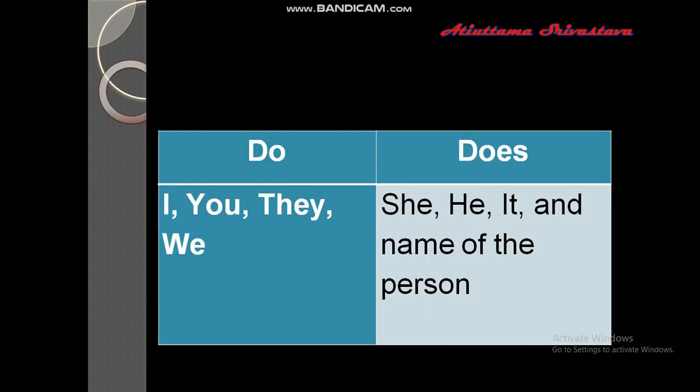When do we use do in a question? When we are talking about I, you, they or we. I do my work, you do your work, they do their work, we do our work.